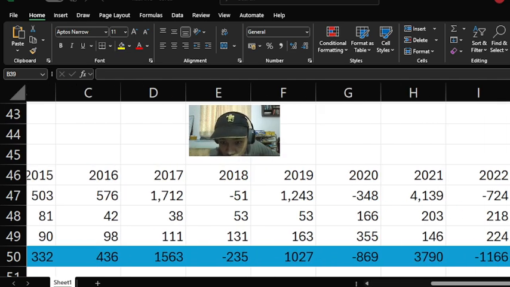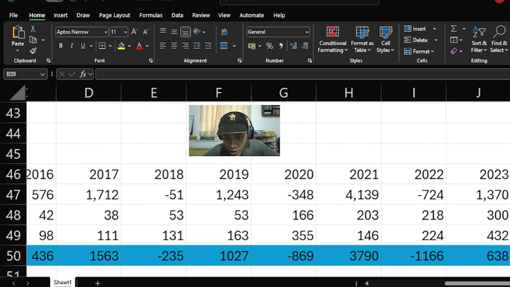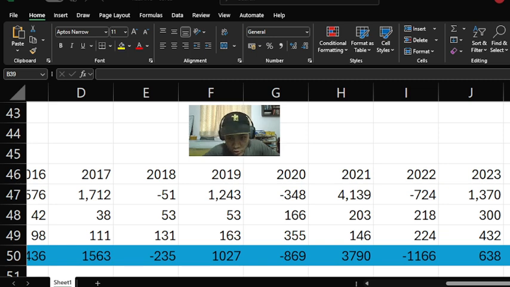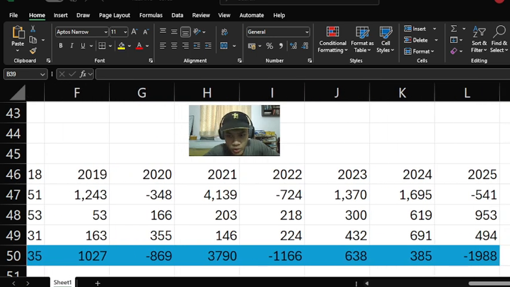Then 2020, okay, there was a dip. 2019, 1000. 2021, 3790 crores. Okay. 2022, dip. 2023, 638 crores. 2024, 385 crores. And 2025, minus 1988 crores in free cash flow.